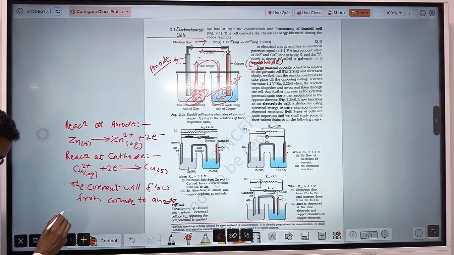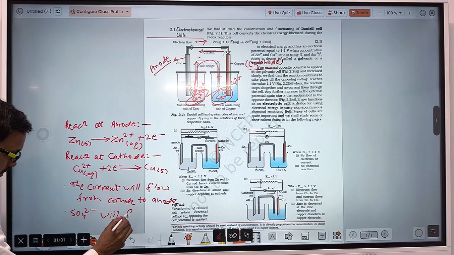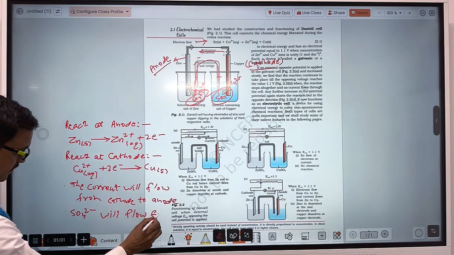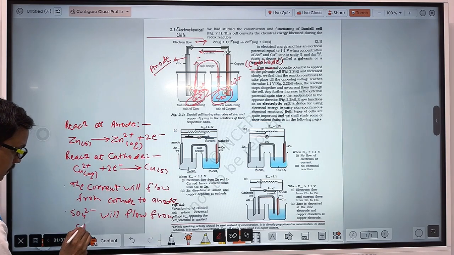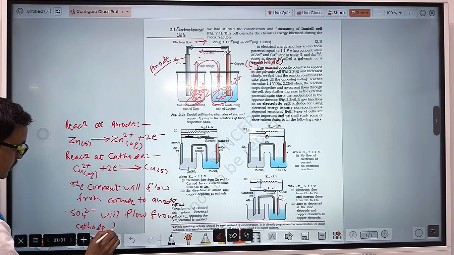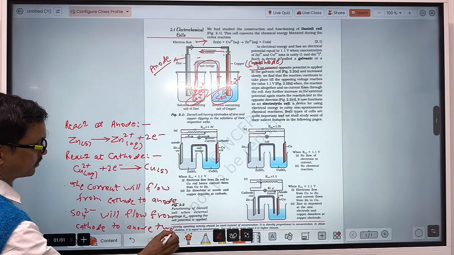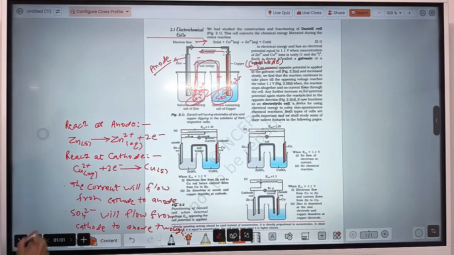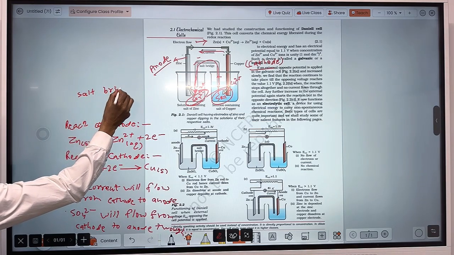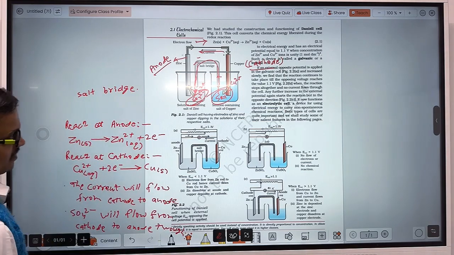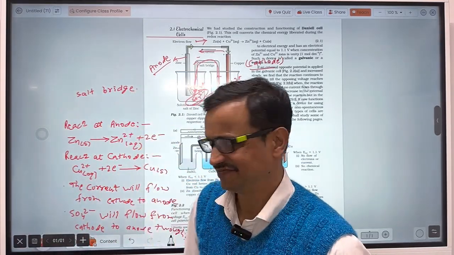Now the next point: the sulfate ion, SO4 2 minus, will flow from cathode to anode through the salt bridge. That amount only you will have to write and you will get full marks.